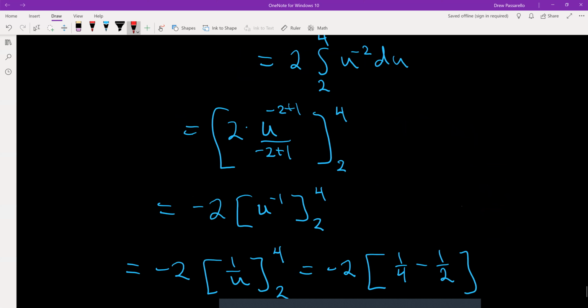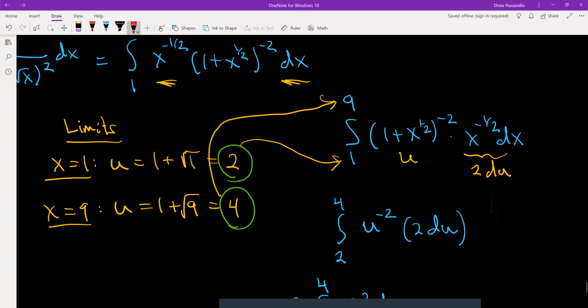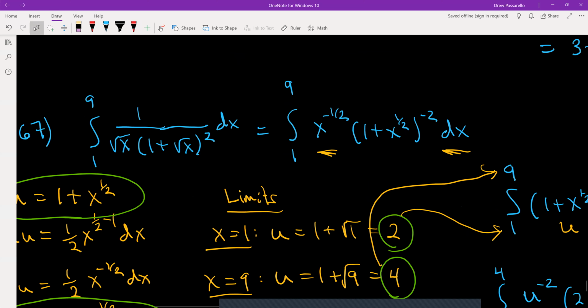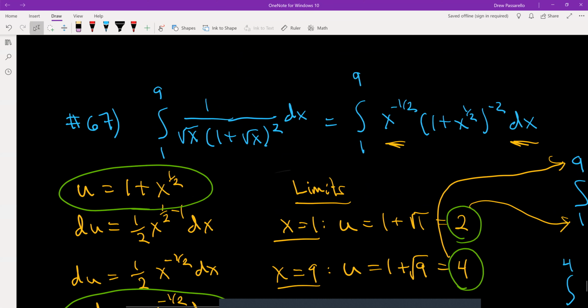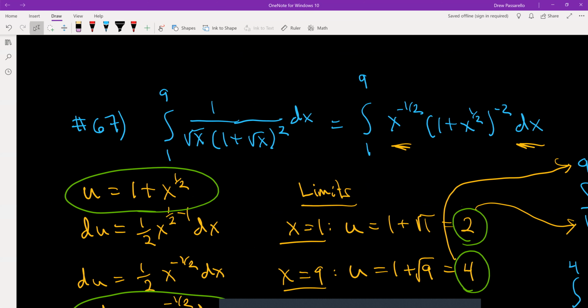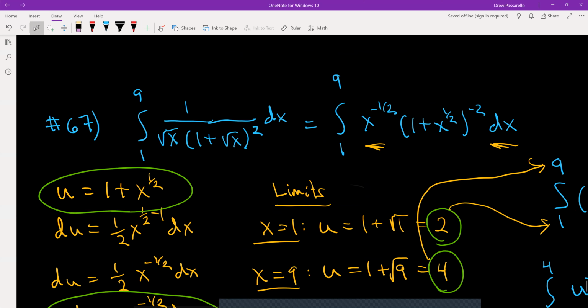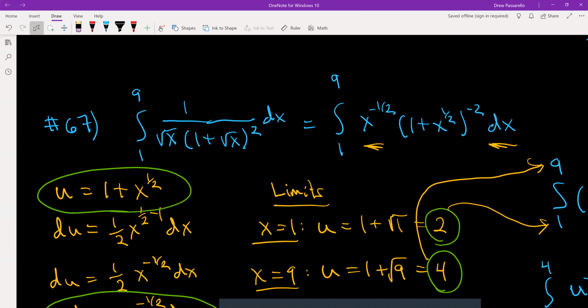All right, so that's it for this one, and that was the last example. I rewrote the integral so that I have negative exponents, so when I do the substitution, it's a little bit easier. I still let u be what's in the parentheses, the 1 plus square root of x, which is the same thing as 1 plus x to the 1/2.